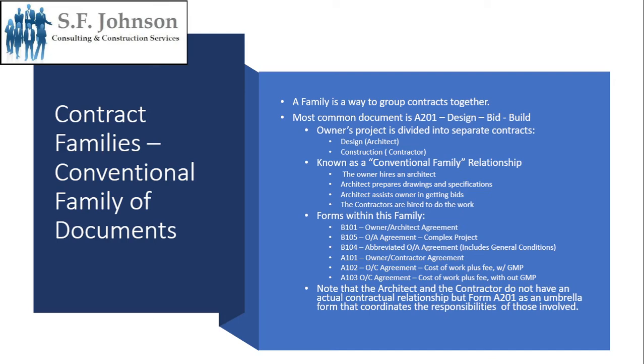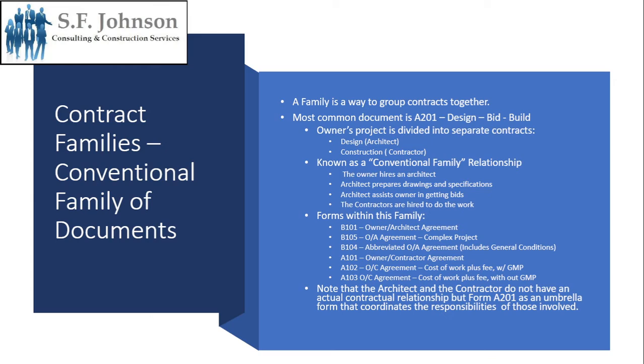So the forms within this family are as follows. B101 is the owner-architect agreement. B105 is the owner-architect agreement when we have a very complex project. B104 is the abbreviated owner-architect agreement, and this also includes general conditions, and that'll be important a little later.